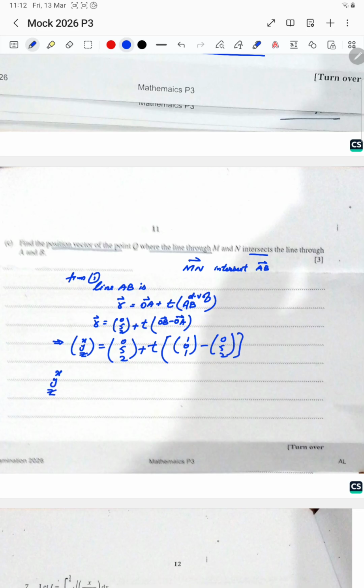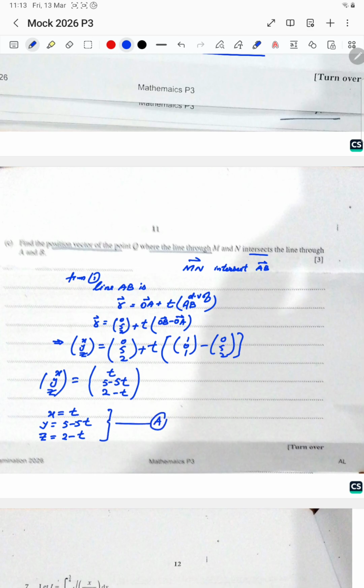We get (0, 5, 2) plus t times (1, -5, -1), so x, y, z gives t, 5 minus 5t, and 2 minus t. We can write this in parametric form as x equal to t, y equal to 5 minus 5t, and z equal to 2 minus t. This is set A.